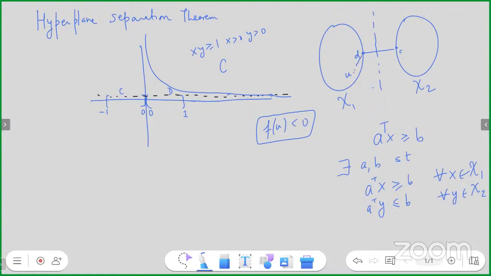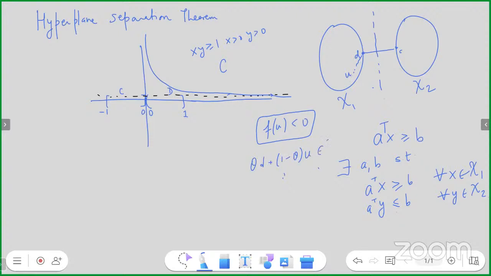Joining, you know that A transpose D, like f of D, is greater than or equal to 0. We didn't use that, because convexity doesn't come into the picture. The convexity was really to produce a point. It's a linear combination of D and u. So theta D plus 1 minus theta u.